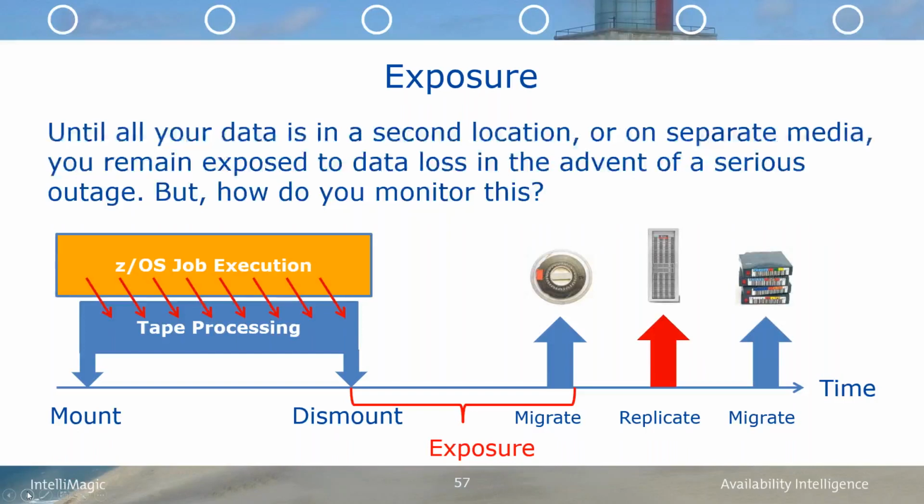So how do you monitor this? Some customers require data to be on 2 multi-volume cartridges. Now, replication is a way to reduce your exposure significantly, but Vision can be used to help you calculate your exposure time. And the exposure time is essentially the time between your dismount and the tape being migrated.